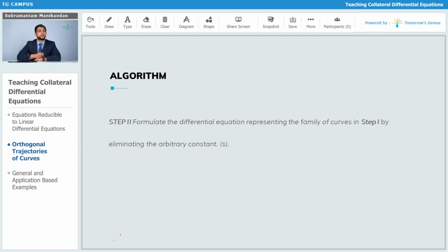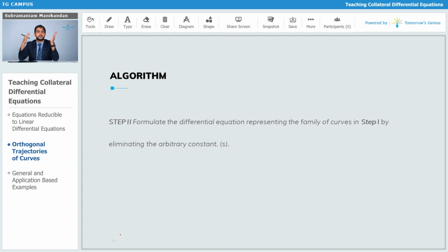What do you do with the differential equation? Well, you know that dy by dx represents the slope of the tangent to a given curve at any point, which means if dy by dx has some value, then the equation of a line which is perpendicular to this curve would have the slope minus 1 upon dy by dx.